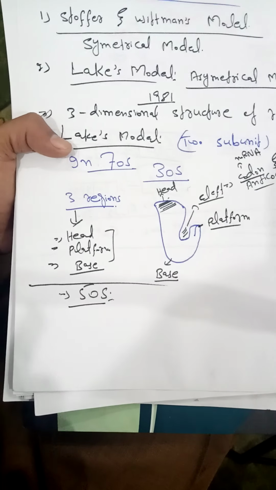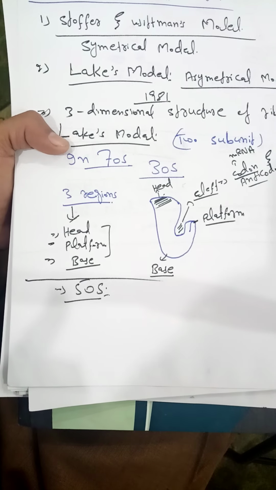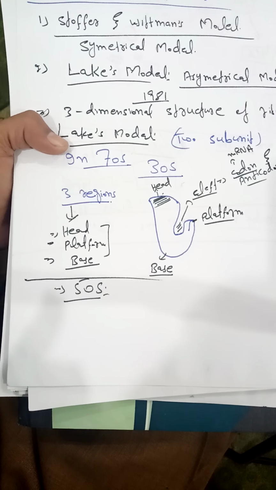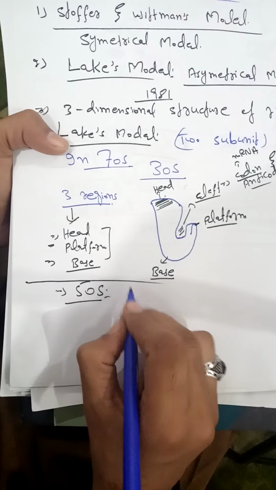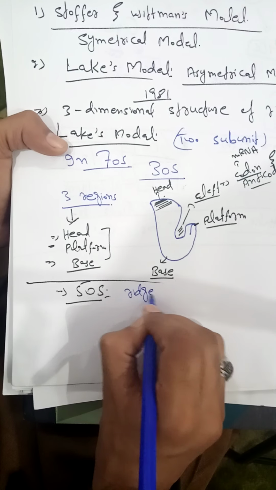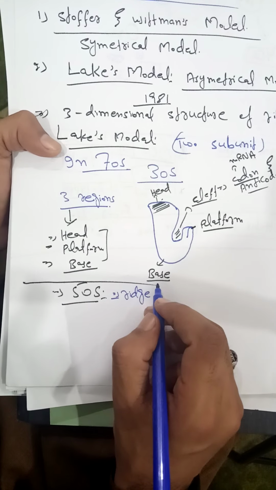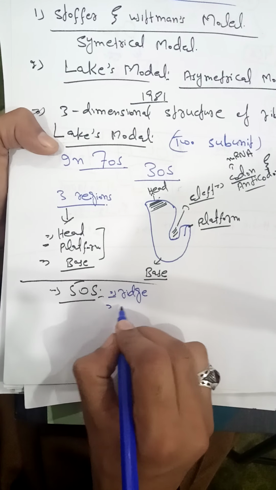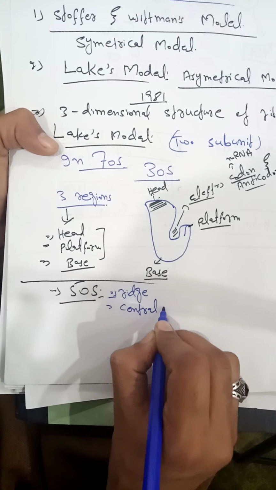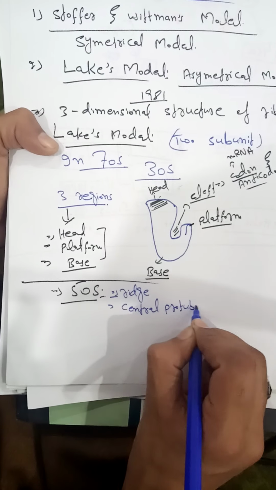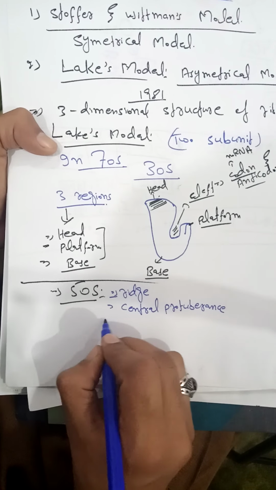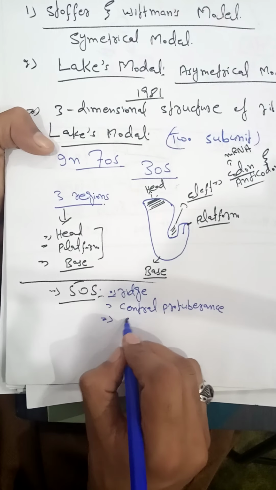The 50S subunit contains a ridge, a central protuberance, and a stalk.